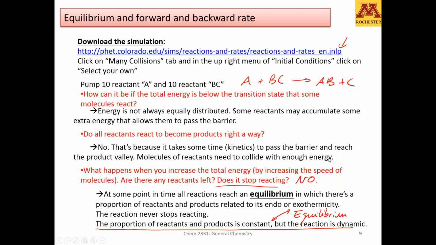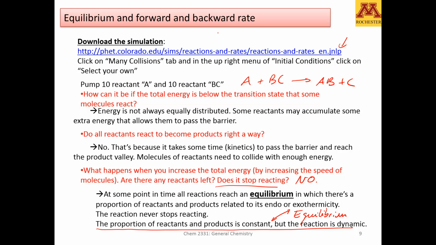Okay, so again, take home message: provided that it has the right energy, we reach a situation of equilibrium in which the concentration of reactants and products, or the proportion of reactants and products, remains constant. That does not mean that the reaction stops.